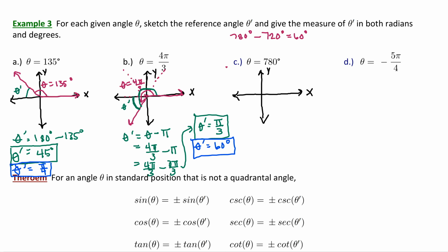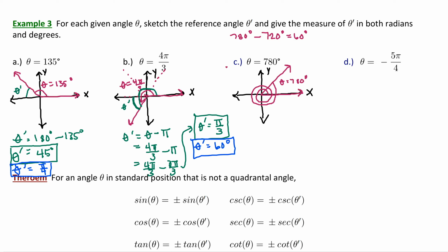So 780 degrees in standard position begins at the positive x-axis and it rotates once, that's 360, twice, that's 720, plus another 60 degrees, landing here in quadrant 1. So this is our angle theta equal to 780 degrees, coterminal with 60 degrees.